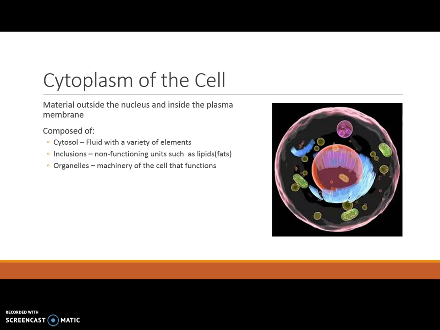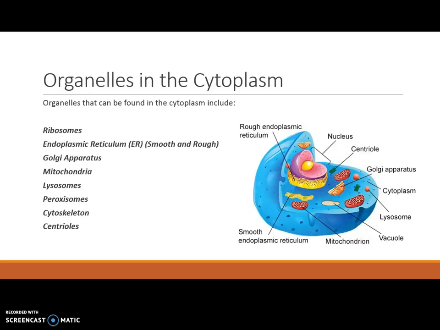Cytoplasm also houses the cell's various organelles, which are the membrane-enclosed bodies in each cell. Each organelle is charged with a specific function. Just as body organs work together to keep the body functioning, the organelles work together to keep the cells functioning.